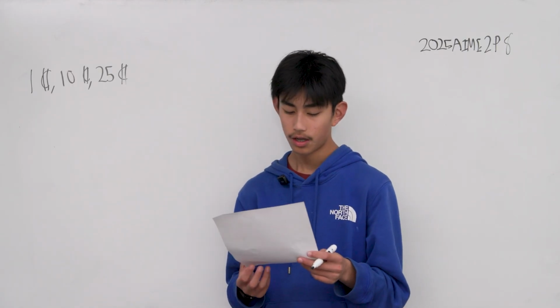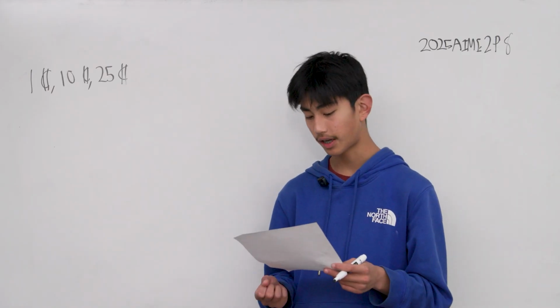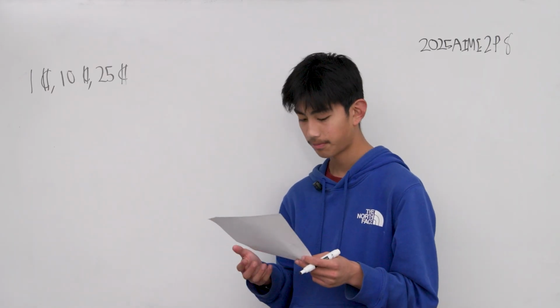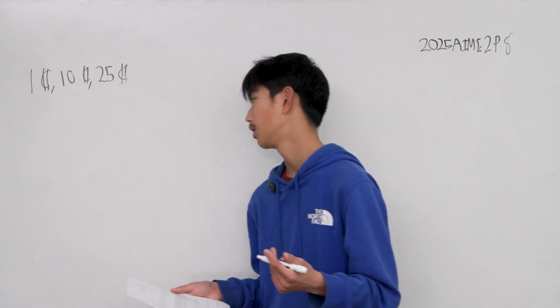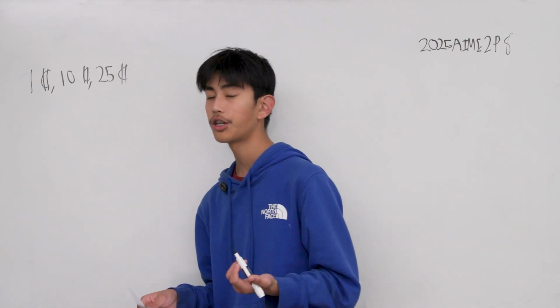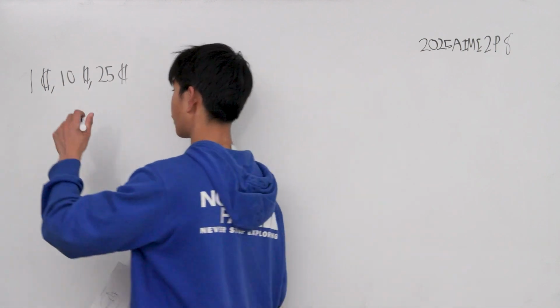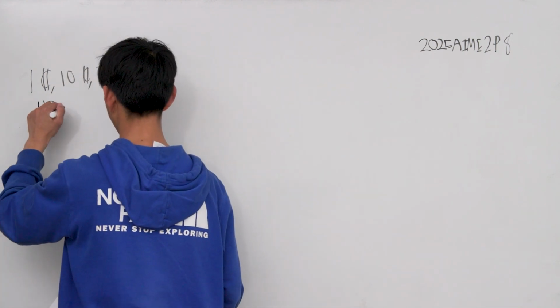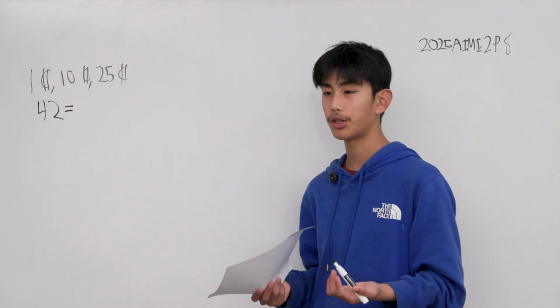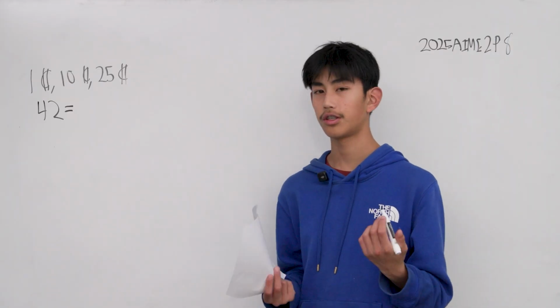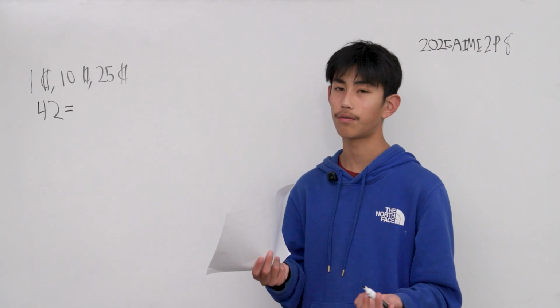So we have any number of 1-cent coins, 10-cent coins, and 25-cent coins. The example they give you is 42 cents. This is basic; they're teaching us how the greedy algorithm works. So we have a total sum of 42 cents. You have to start from the biggest cent value, which is 25, and you want the greatest number of that biggest value first.